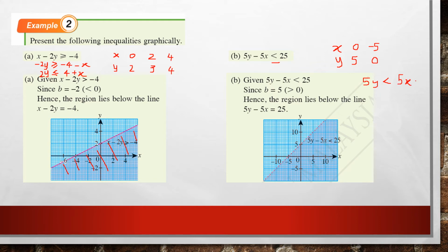Similar to just now, this is less than. When less than, we will shade below. The shaded region will be below the line.